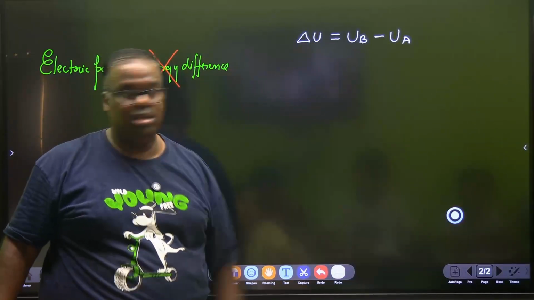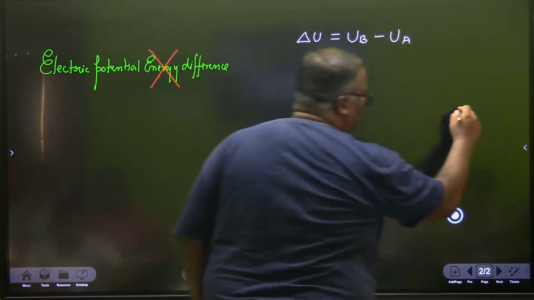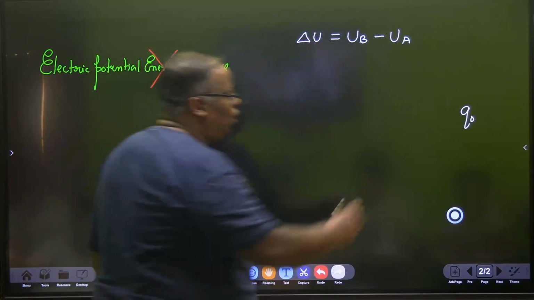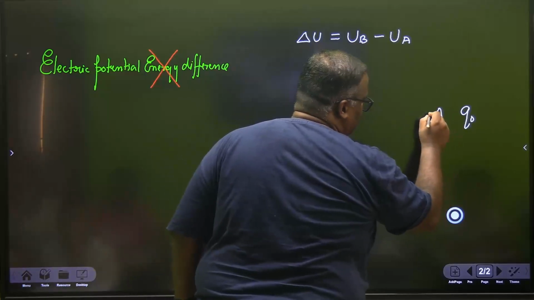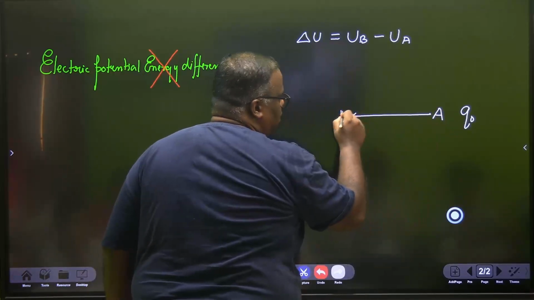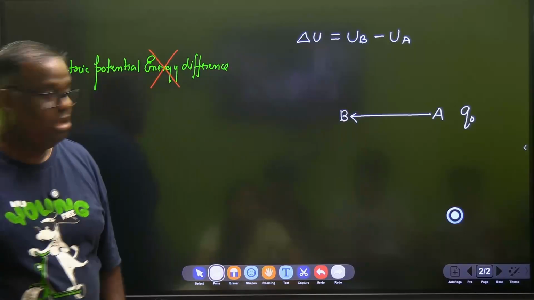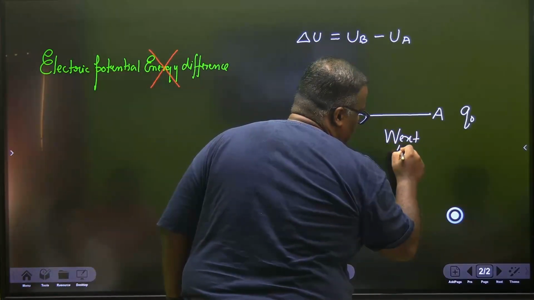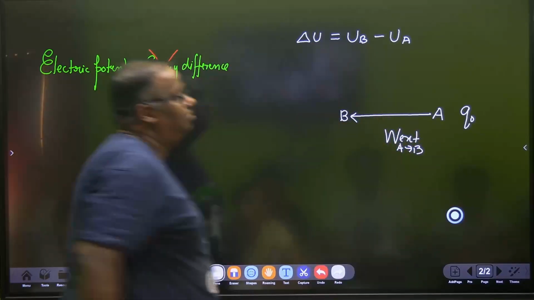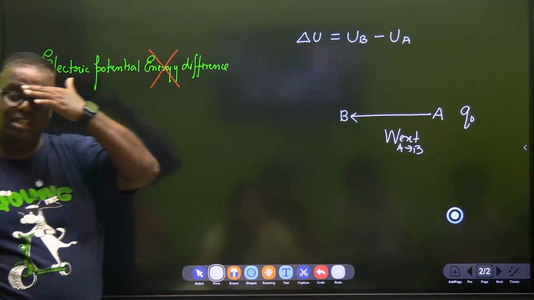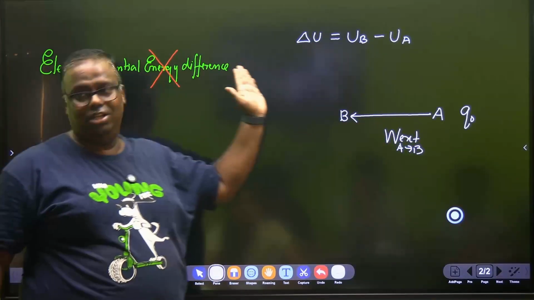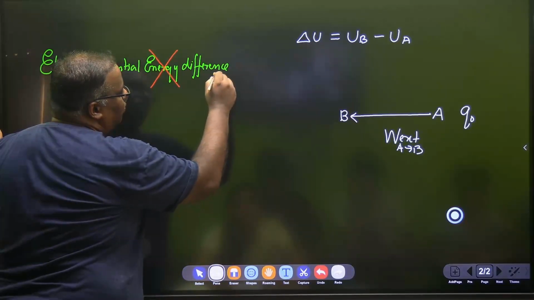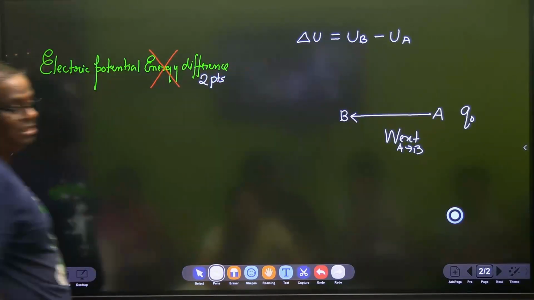UB minus UA, when you try to move a test charge Q naught from a point A, which is your initial point, to a point B, by doing an external work from A to B. I'm just writing, just understand. What is electrical potential energy difference? Obviously, when you say difference, you have to have 2 points.